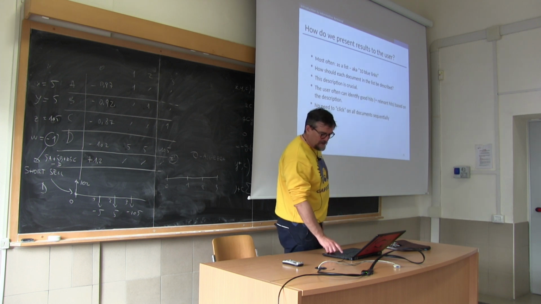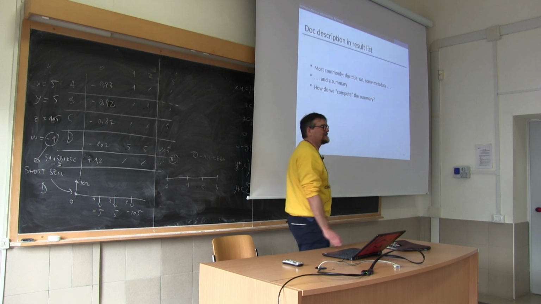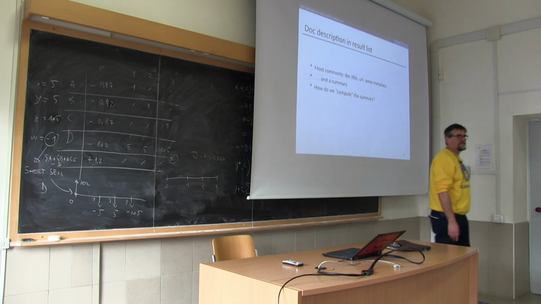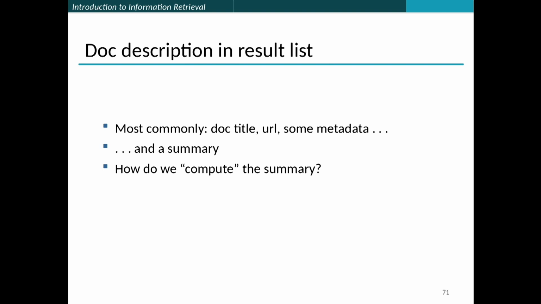So basically, usually you have very basic metadata, like the title of the document, like the URL, and some other metadata, but nowadays it is more common to have a kind of summary.